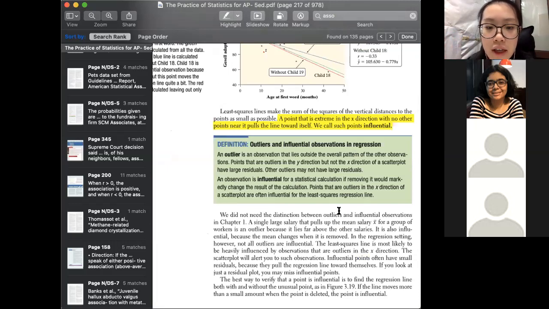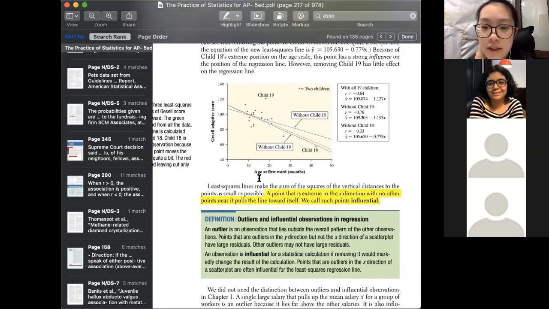Something that is called outliers and influential points. An influential point you can also call a leverage point. An influential point is, if you have this point here, it really determines that your line should be this way, being the slope. If it's an outlier, then it's here, and it doesn't really make sense.